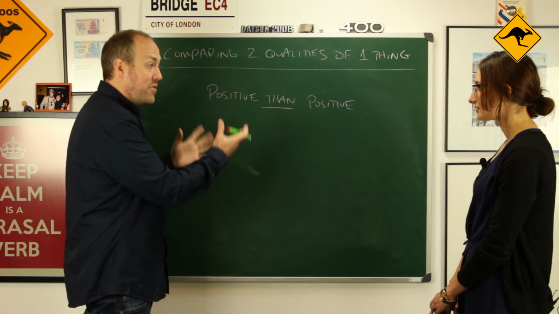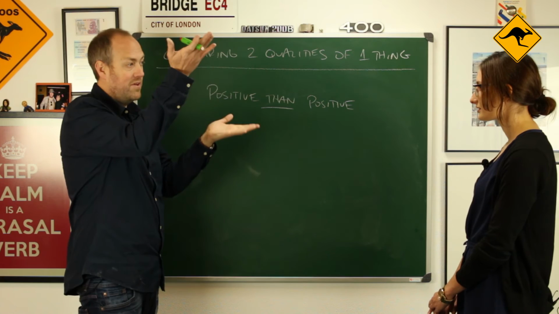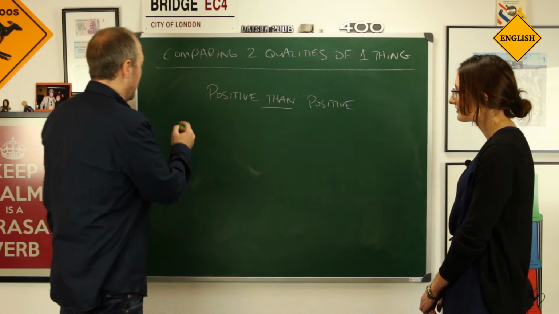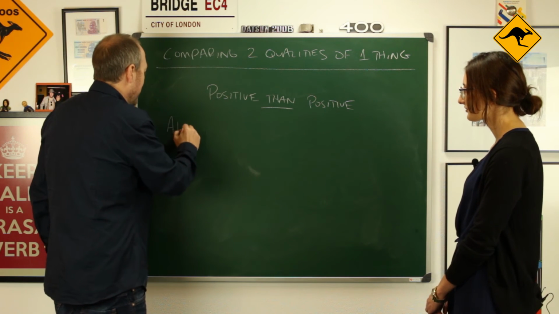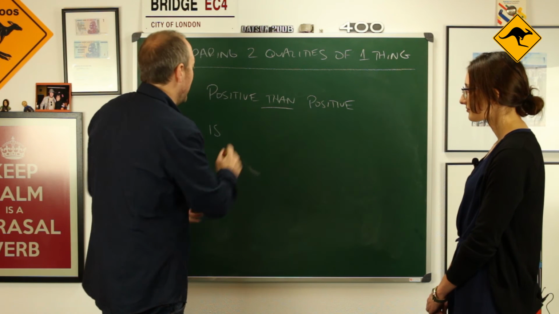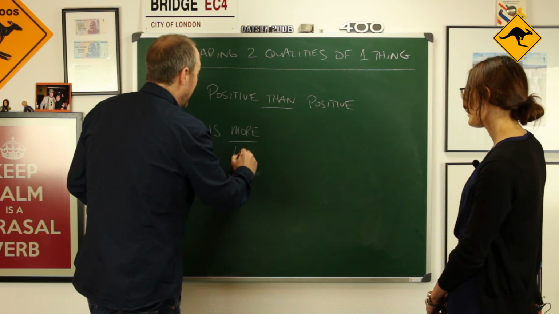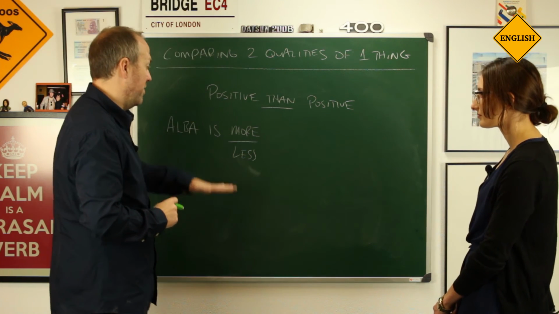Now, we can compare those two qualities to say they have more of this quality than this quality, or less of this quality than this quality. For example, I imagine your friend is called Alba, for example. We can say Alba is more, or we can say less, depending if we want to say this is a higher or lower amount.